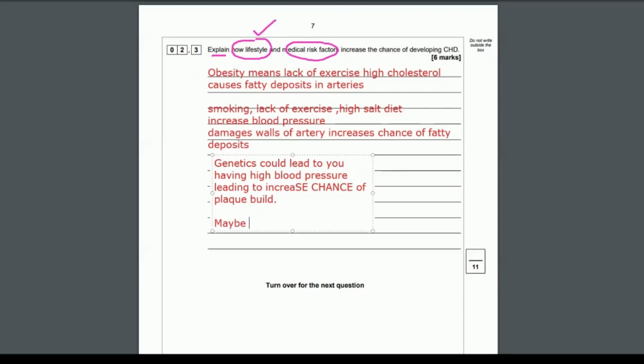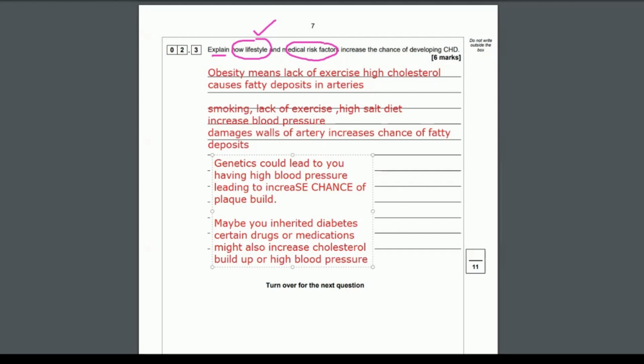Maybe you inherited diabetes, so maybe it runs in your family and you've got diabetes. That would be a medical risk factor. And then certain drugs or medications people take might also increase cholesterol buildup or high blood pressure.